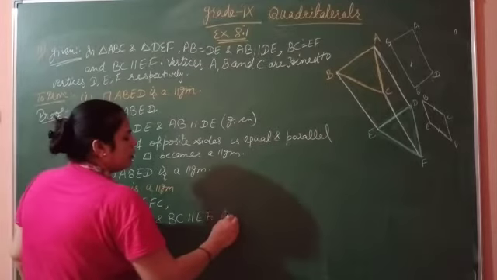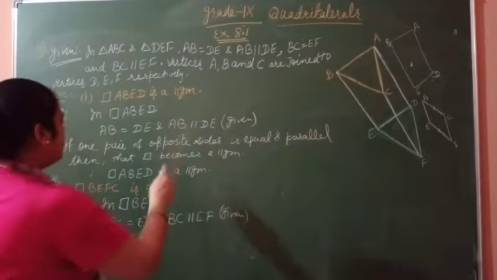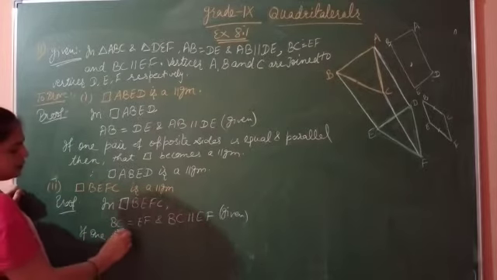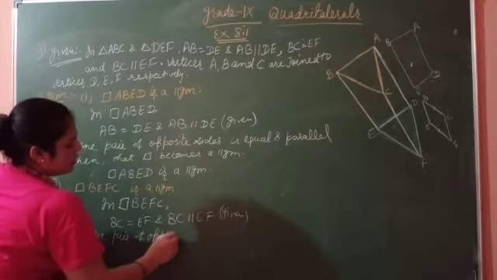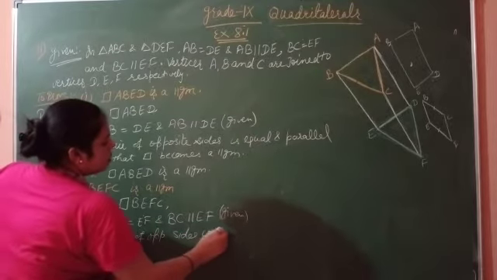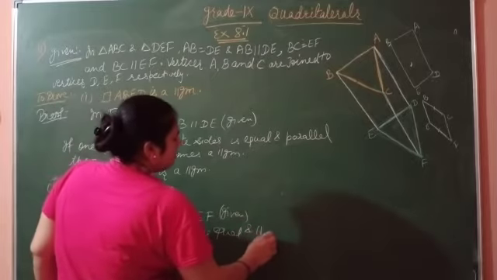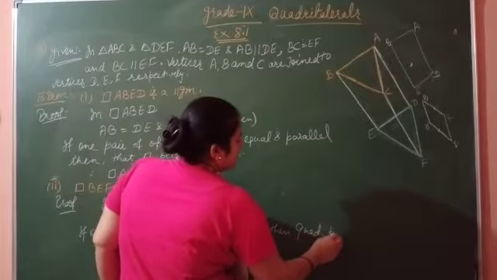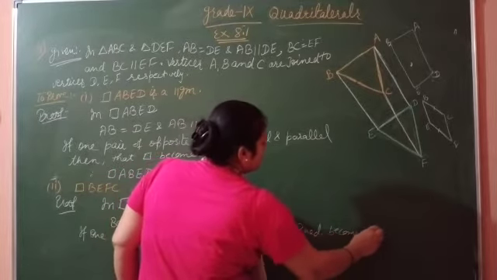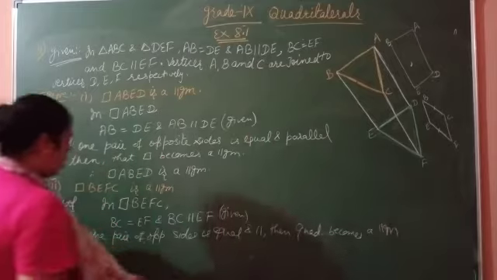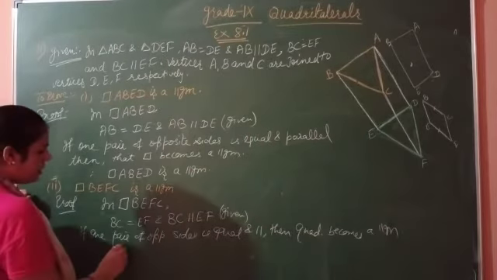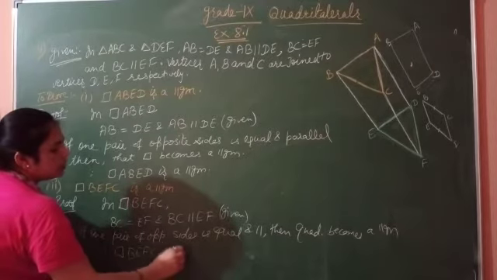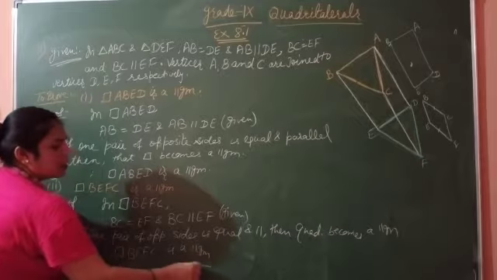This is given. For the same reason, if one pair of opposite sides is equal and parallel, then the quadrilateral becomes a parallelogram. Therefore, quadrilateral BEFC is a parallelogram. Clear this part?